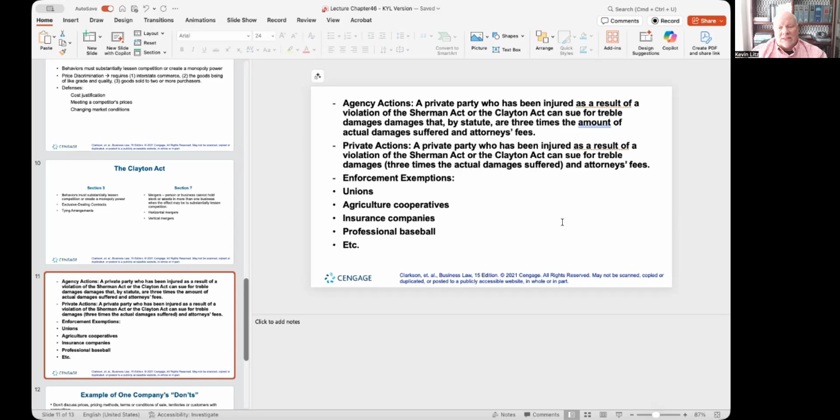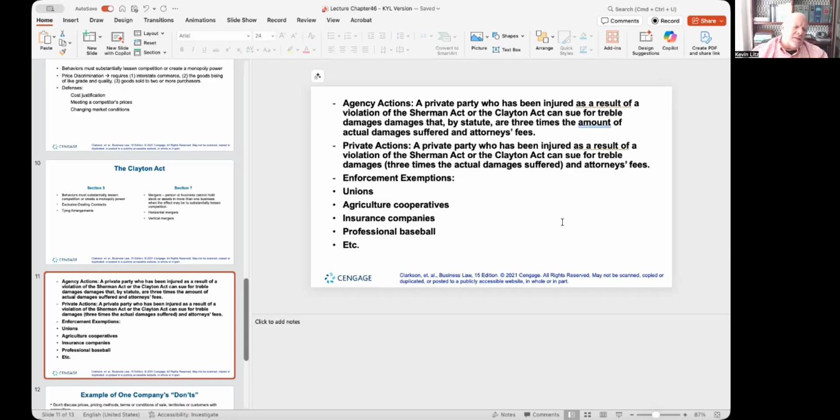That was private action, but the federal agency in charge also can go after companies for anti-competitive, antitrust activities. Same thing: treble damages and attorney's fees.